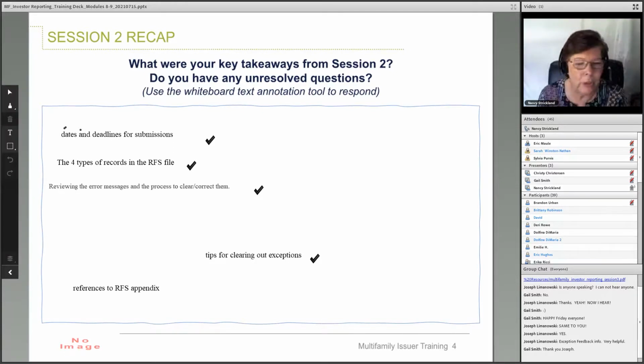References to the appendix. Let's see what Joe had. Exception feedback information, very helpful. Love the check marks. Okay, Sarah, can you please export this slide before we move on? Thank you.